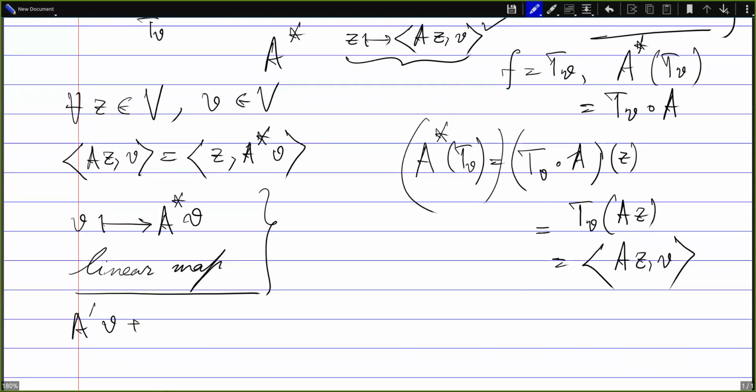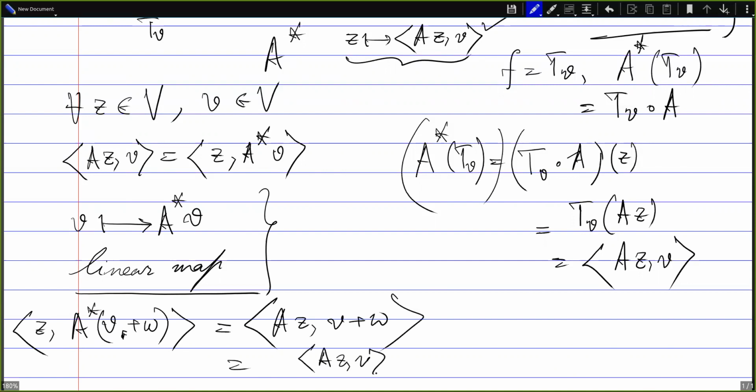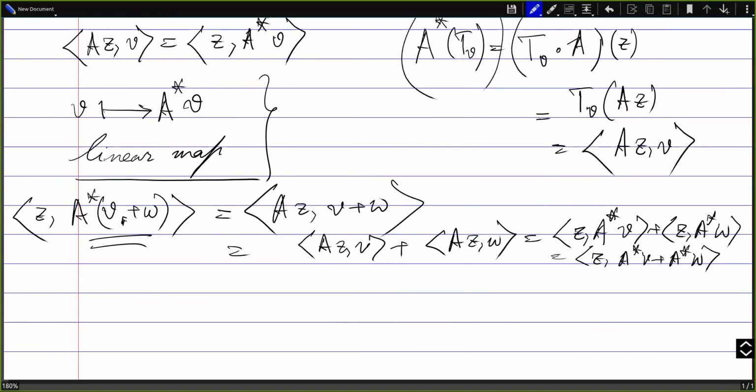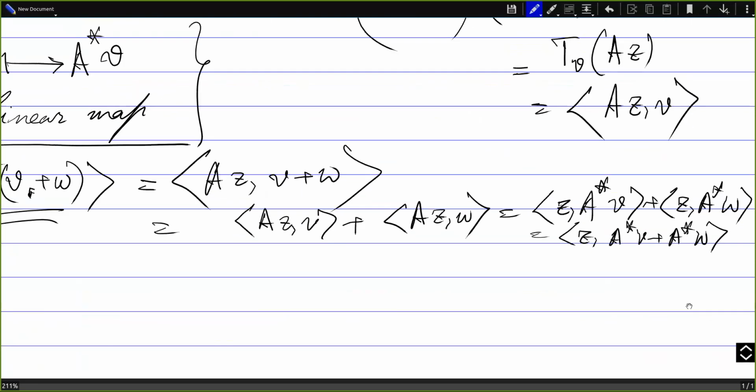Consider A star of V plus W. According to the definition, this must be the inner product of AZ with V plus W. This is AZ V plus AZ W, which is Z, A star V plus Z, A star W. So for each Z, this is the same as the inner product of Z and A star V plus A star W. Therefore, A star of V plus W is A star V plus A star W. That A star preserves scalar multiplication can also be proved in a similar way, and I leave that to you.